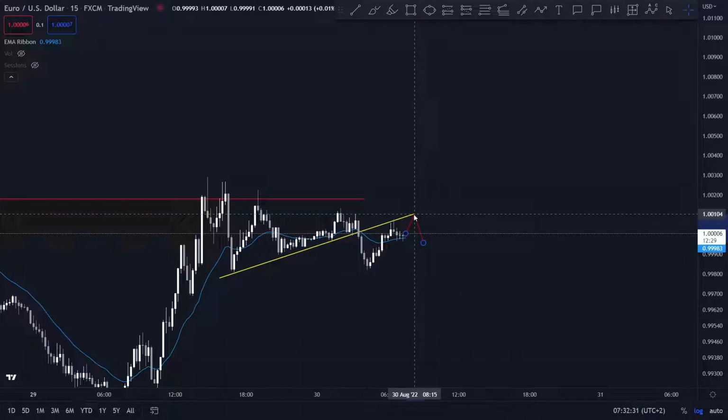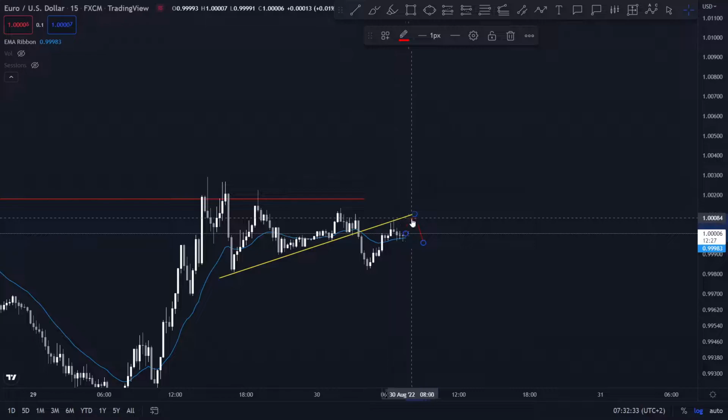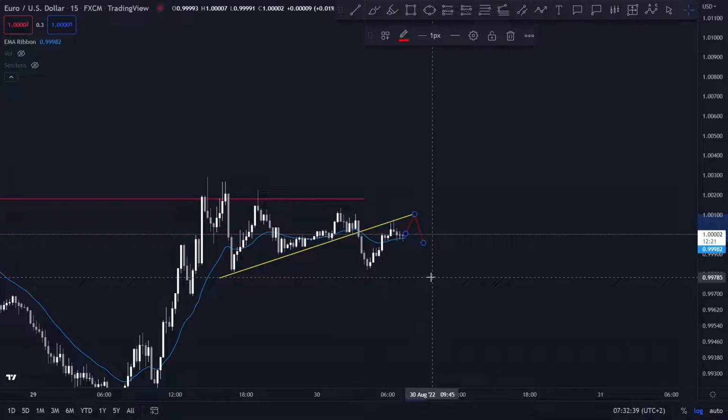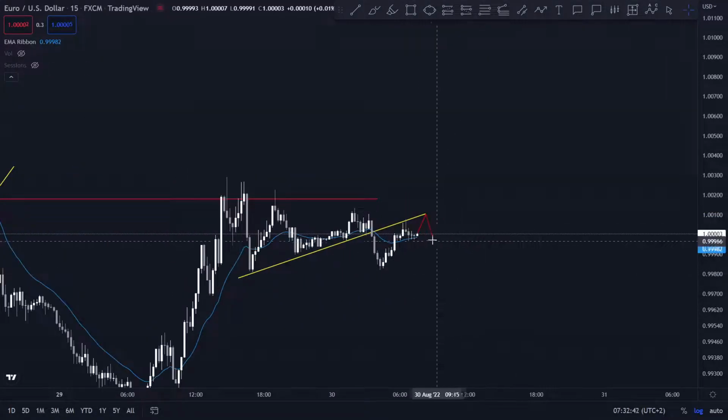Or I would actually short up here with a stop loss up here. So once the market just pushes up a little bit more, I'm going to take a short position with a stop loss somewhere here.